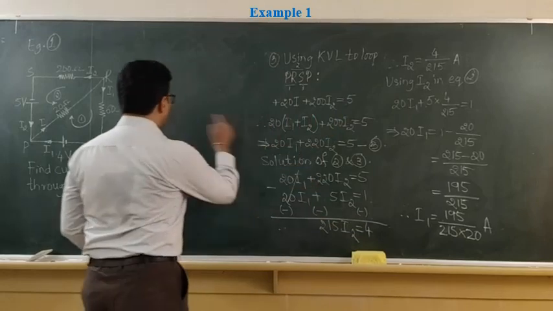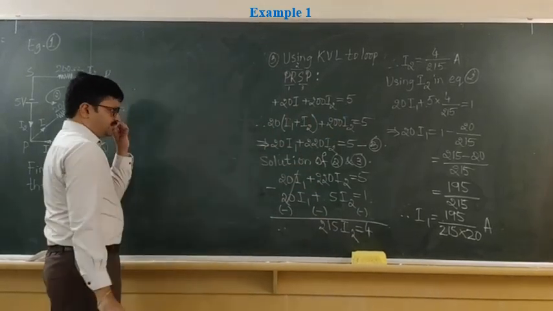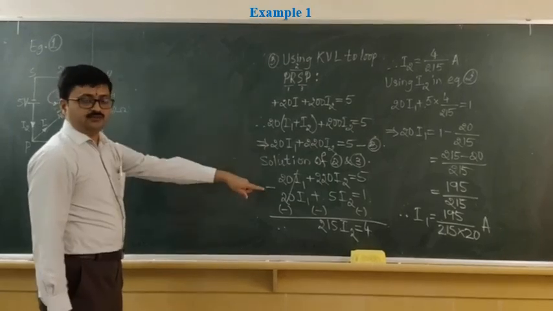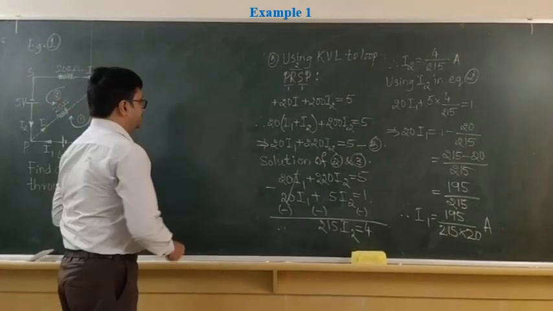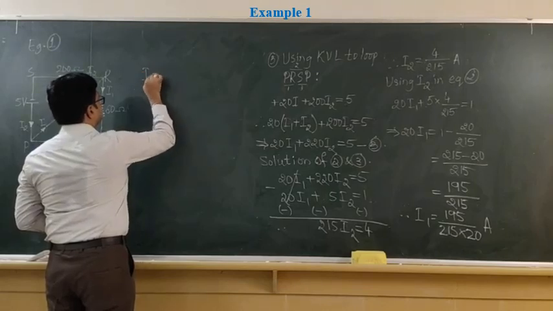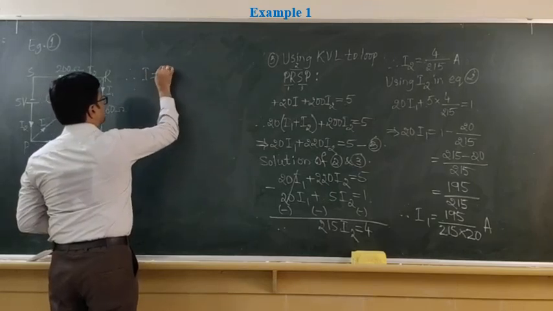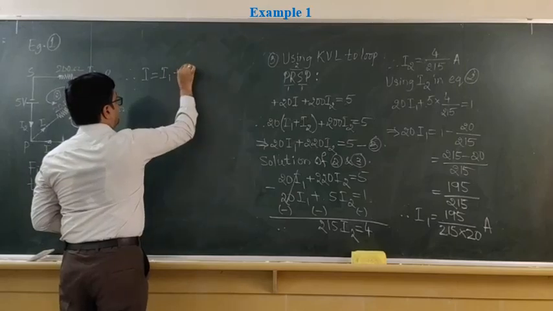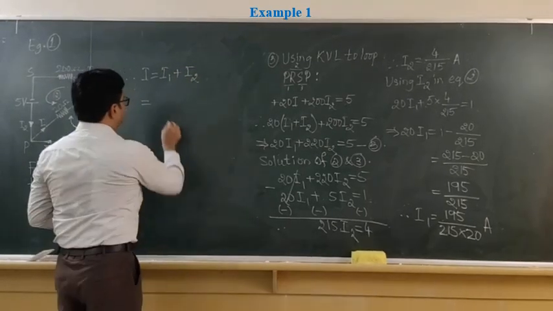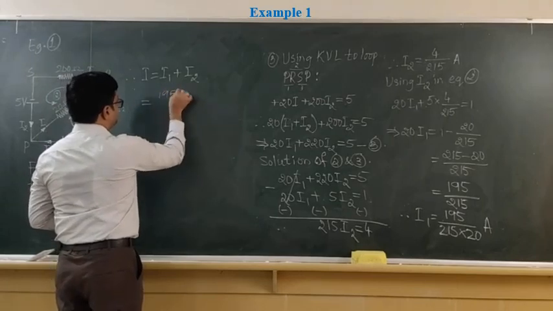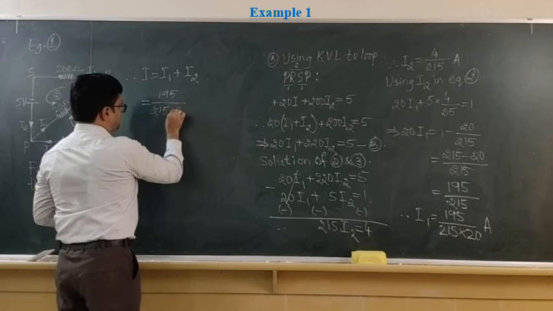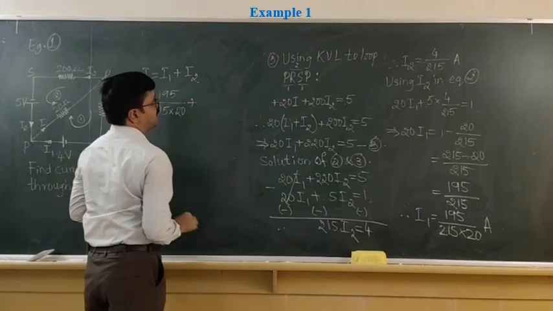Okay. Now let's move on to the next step. That is, we will make use of I1 and I2, both the values, and find I. Now we know that I is equal to I1 plus I2, and I1 is 195 divided by 215 into 20 plus I2.